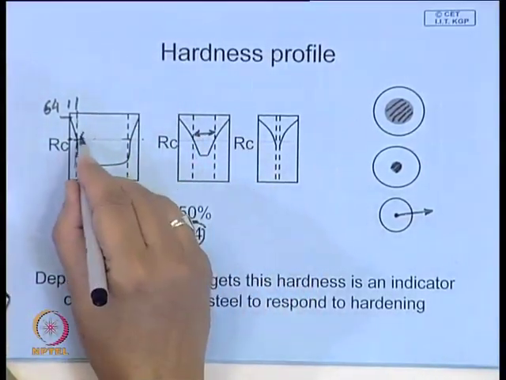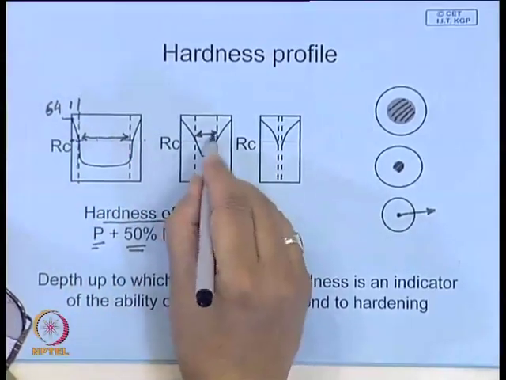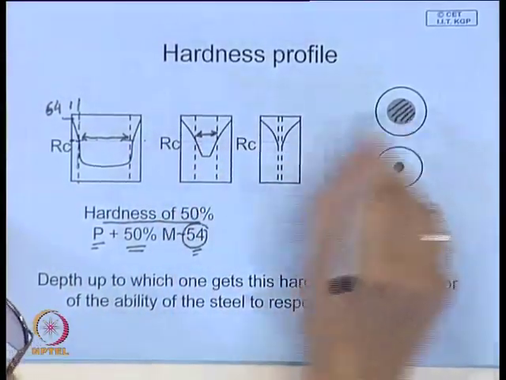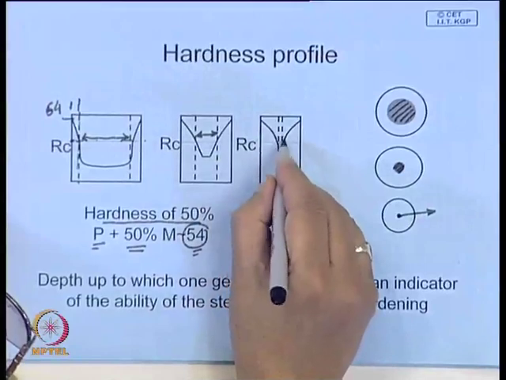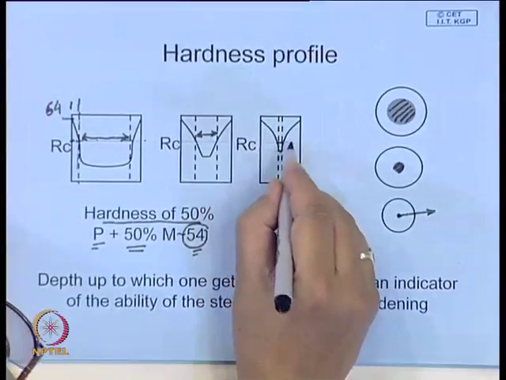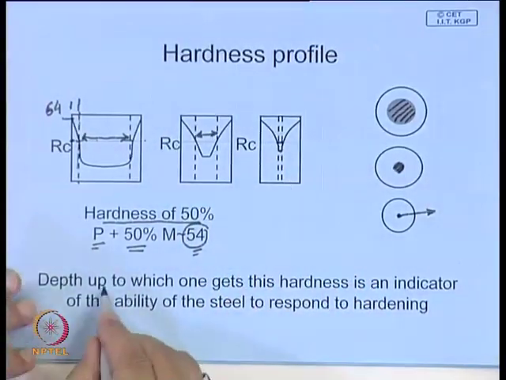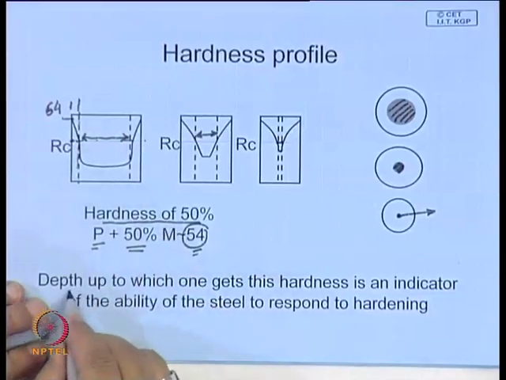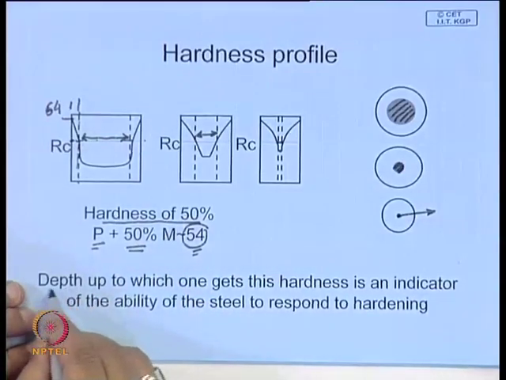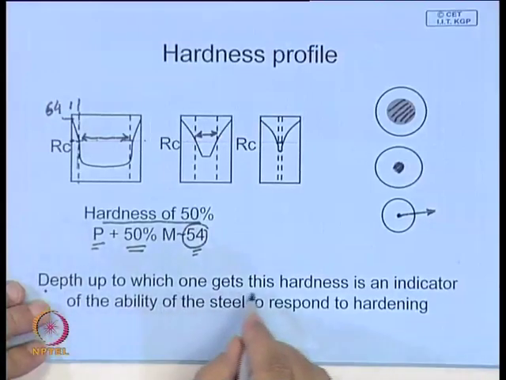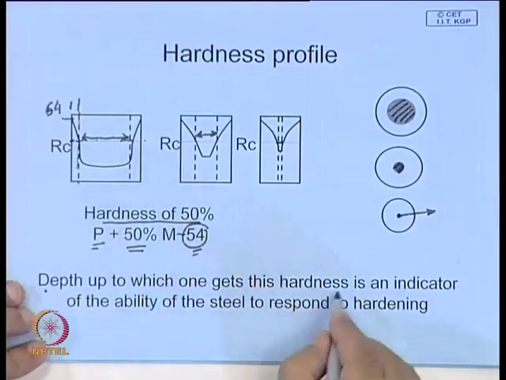If you measure, this is the dimension of the core region which you have not been able to harden. So one way of defining hardenability is that this is a measure, or gives an idea, up to what depth one gets this particular hardness.